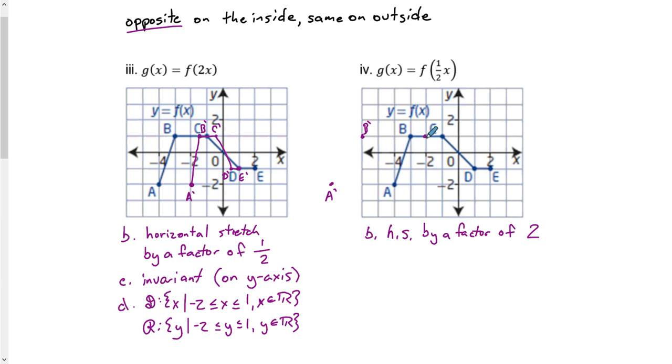So the stretch is 2 over. D is 1 over. So now it's going to be 2. E is 2 over. So to stretch horizontally by a factor of 2 is now going to be 4. And connect the dots. It is now twice as big horizontally.